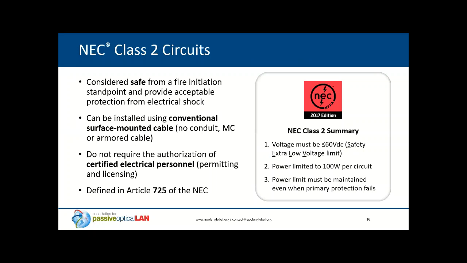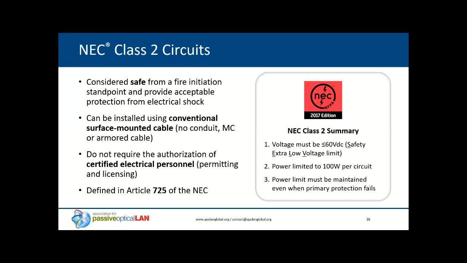So what gives us the availability to do larger distances than what you would see in a PoE is that we do this under Article 725 of the National Electric Code. The benefit of this is it's a Class 2 circuit, and it's considered safe from fire initiation from shock.